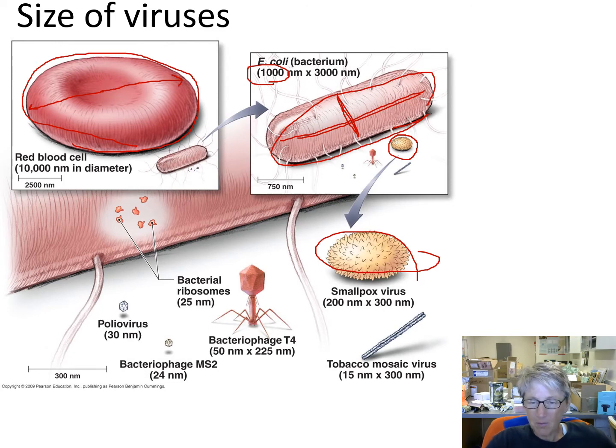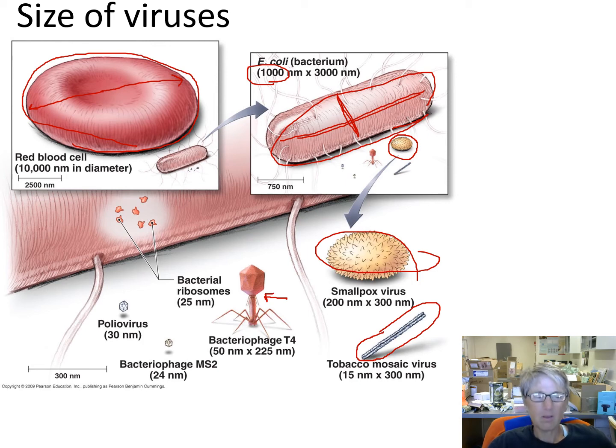Tobacco mosaic virus, that's the one that caused the disease in those tobacco leaves, 15 nanometers by 300 nanometers. This is a bacteriophage. Remember a phage, aka bacteriophage? They're viruses that infect bacteria.